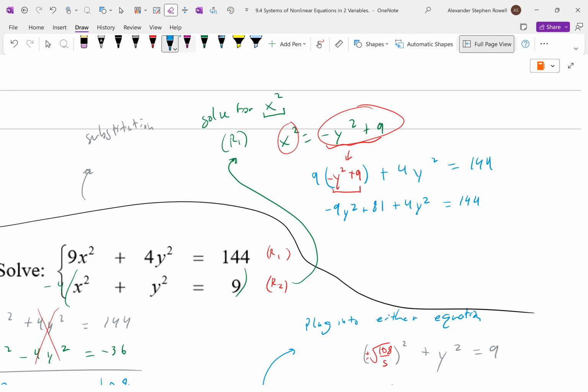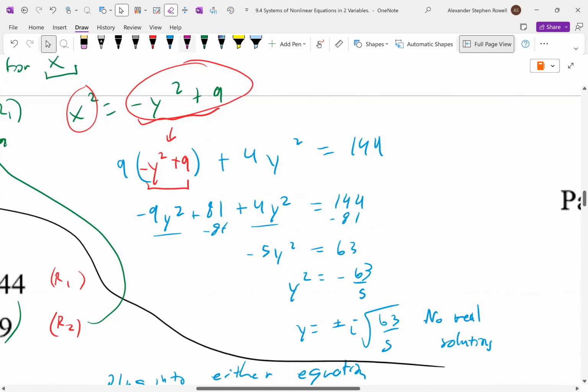If we add these together, we have negative 5y squared, subtract 81 from both sides. That's 63. And divide by negative 5, y squared equals negative 63 over 5. Y equals plus or minus i root 63 over 5. And we can say no real solutions.